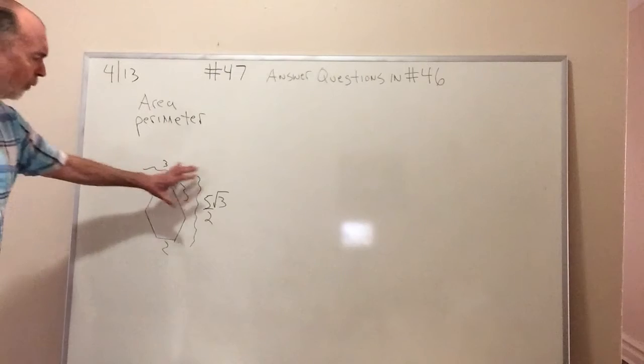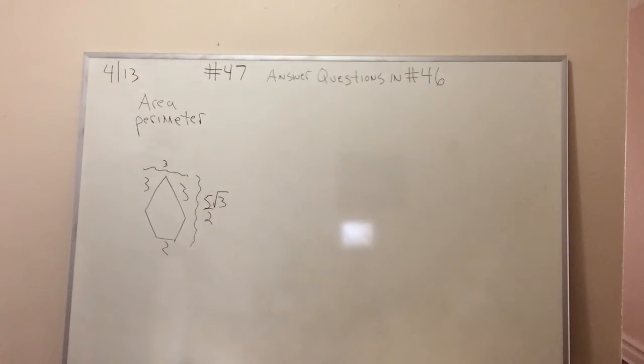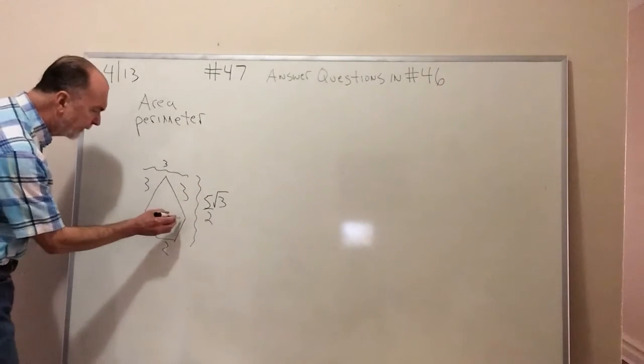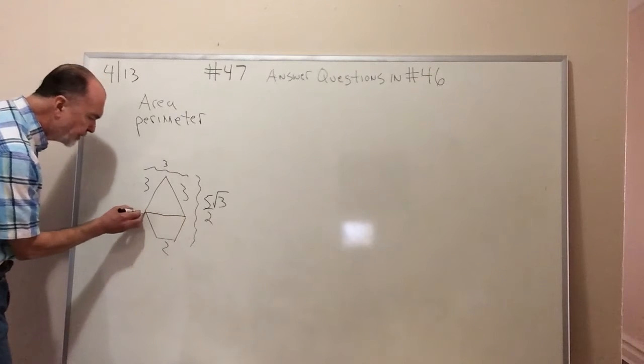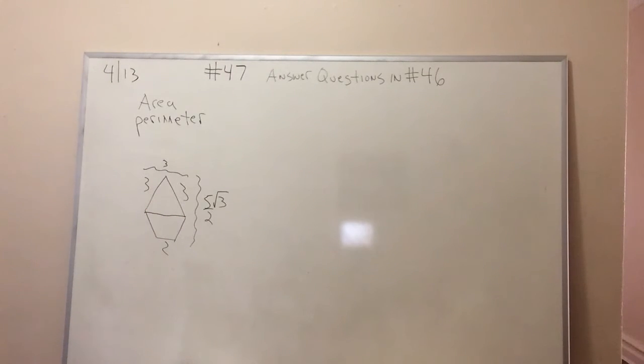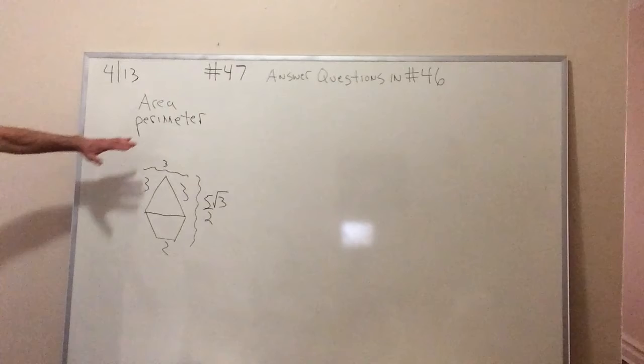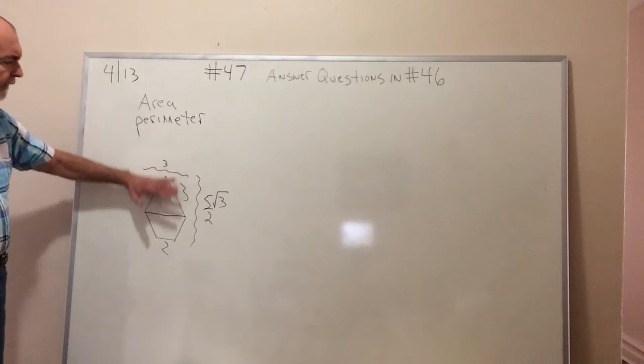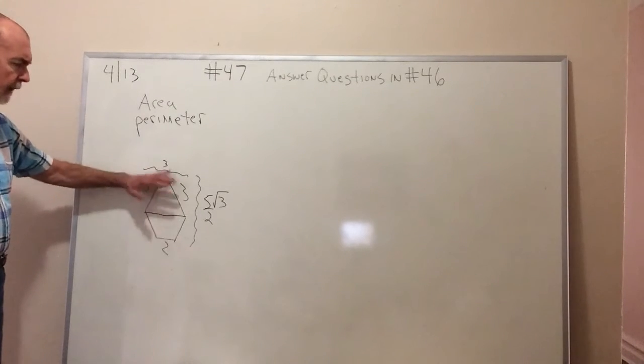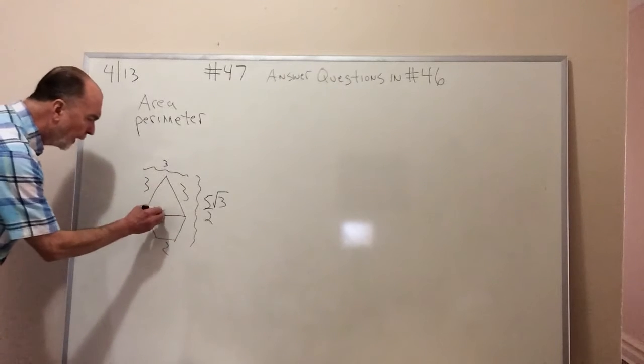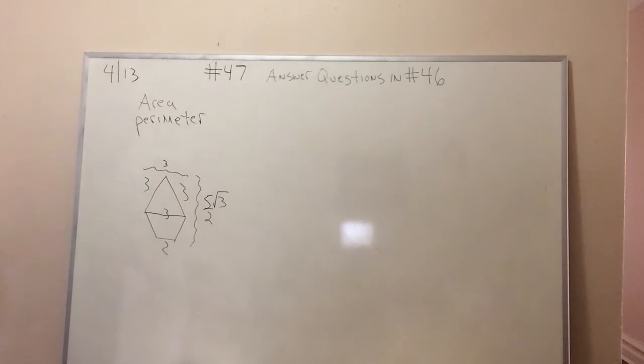So now we attack this problem here, and it's a compound, two-dimensional shape. You should know the meaning of compound now. And what I've done, like I mentioned yesterday, is I just plopped an equilateral triangle right on top of a trapezoid.